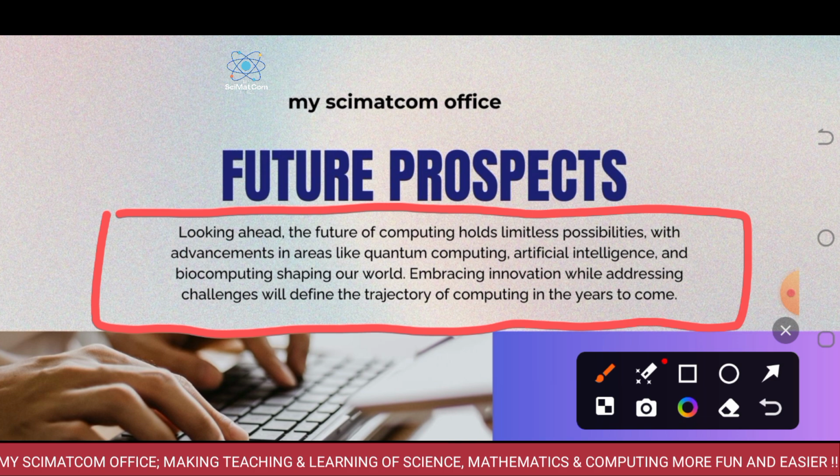If we are able to do that, the future prospects mentioned here will come to pass. We need to embrace the opportunities we've been given to hold a computer and use it in a more convenient way for our society, for our education, and for purposes which are worthwhile.